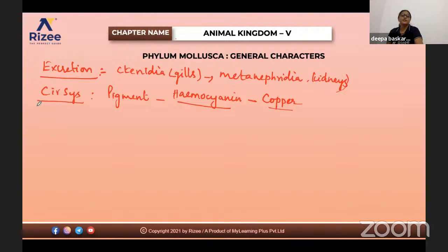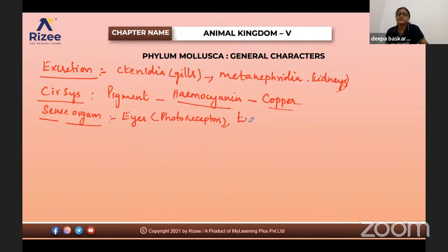Okay, next come the sense organs. Here the sense organs present are eyes, which act as photoreceptors. Apart from that, tentacles. What is the role of tentacles?